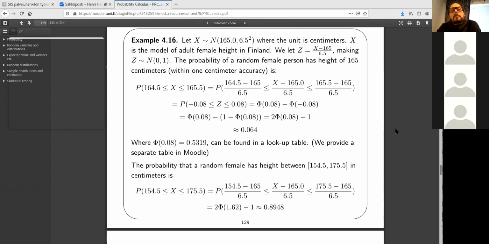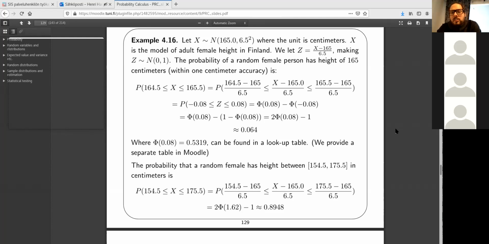But the average female adult is about 165 centimeters tall, with a variance of 6.5 to the power of 2, meaning 6.5 standard deviation. So mu is 165 and sigma is 6.5.